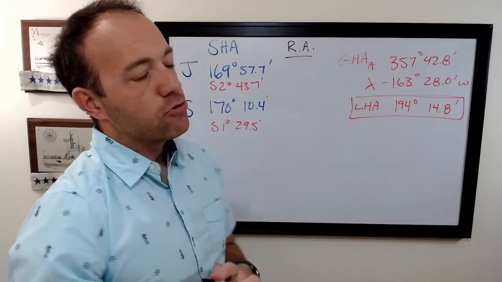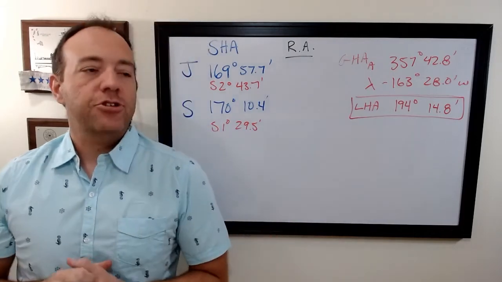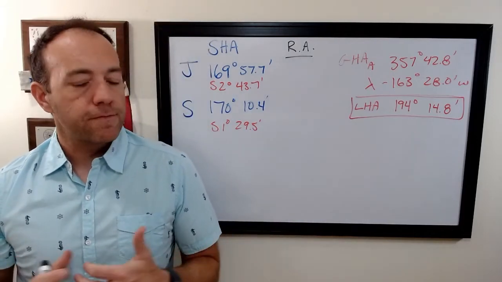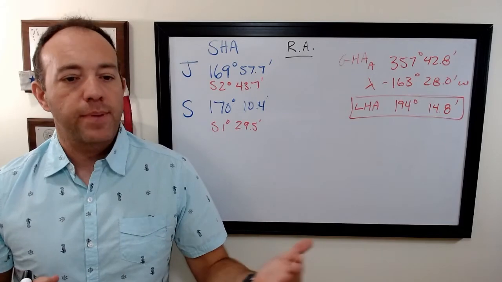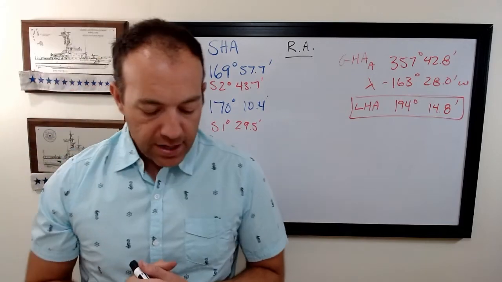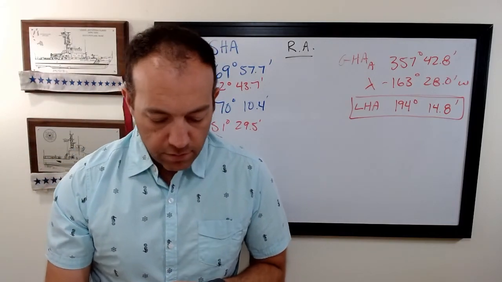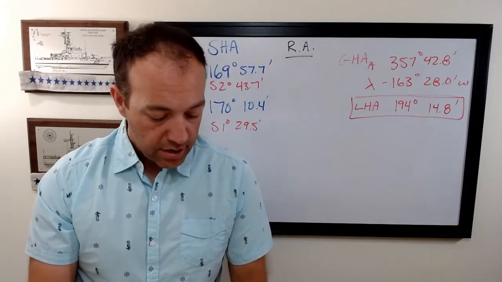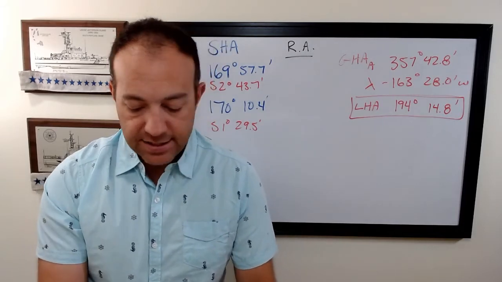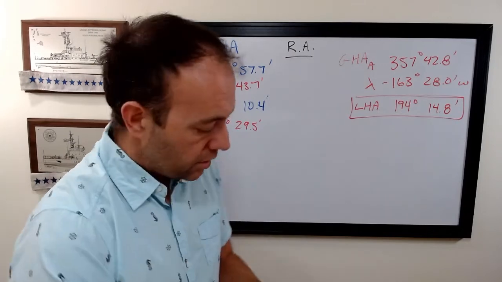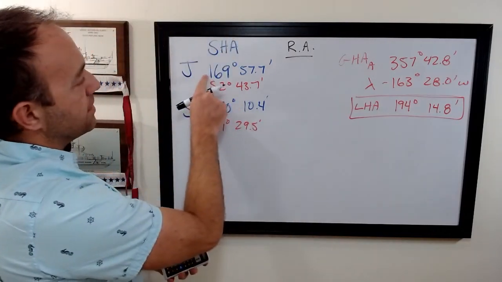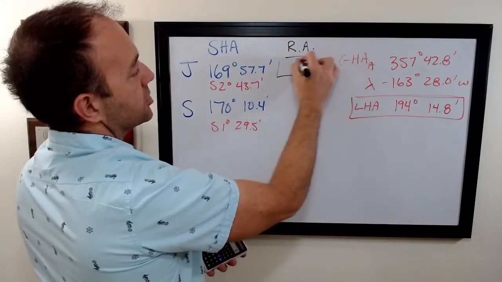of the planet. Right ascension is another astronomical term in essence for the longitude of the planet. It's all about kind of the longitude-based angles that we're dealing with, right? And so right ascension is just 360 minus the sidereal hour angle. So 360 minus this gives you your right ascension.